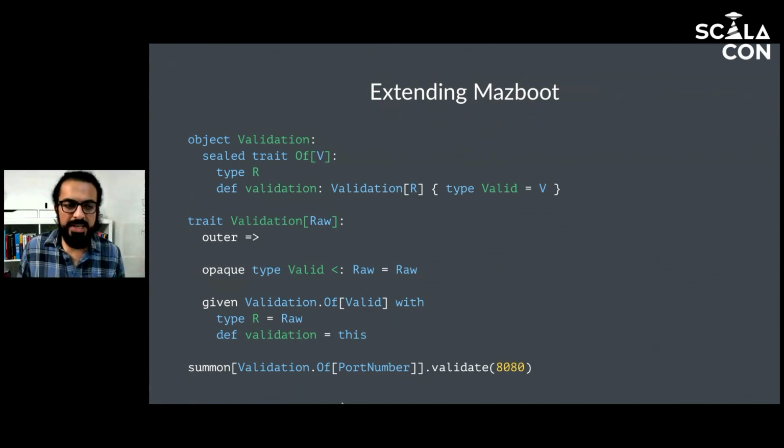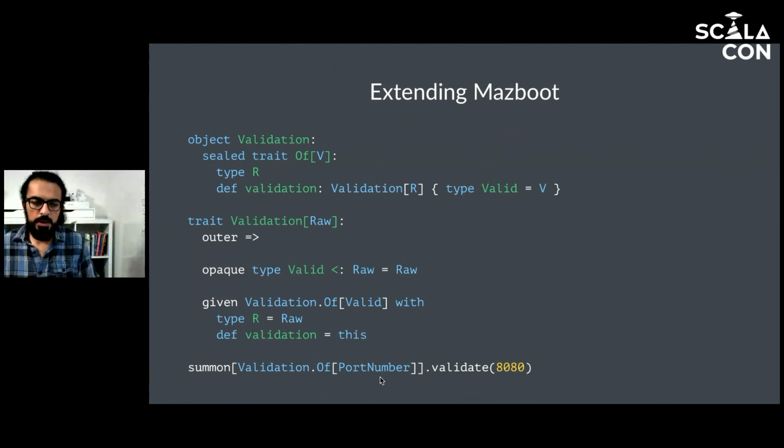And also you can get the type, if you want to do type level programming, you can know what the raw type of it is. So from port number, I can get programmatically how I validate it, and whether it's backed by a string, or backed by an int, or what the runtime type is.